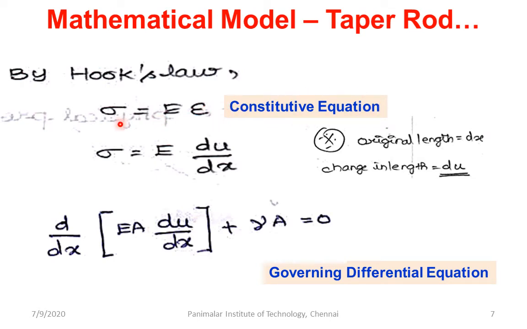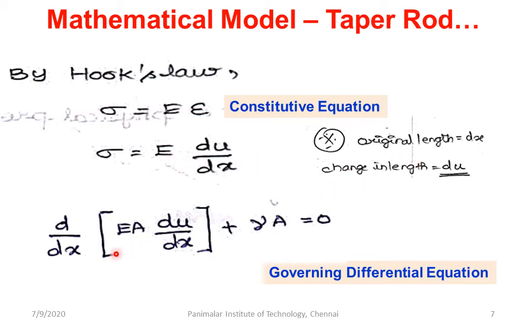Now sigma can be expressed in terms of the variable u. What is strain? By definition, strain is nothing but change in length by original length. Here x is the independent direction, and u is the displacement along the x direction. So du by dx will be the strain along the x direction, by definition. So sigma can be replaced by E multiplied by du by dx.